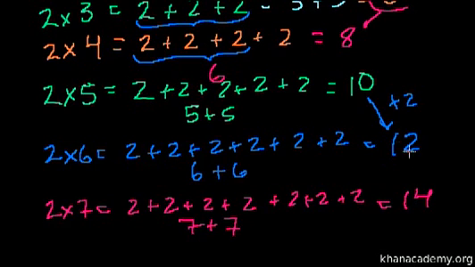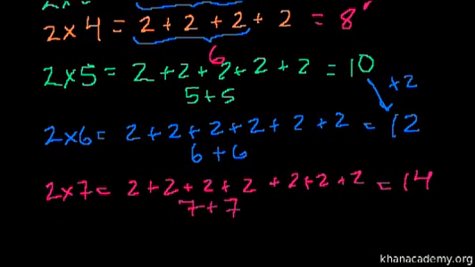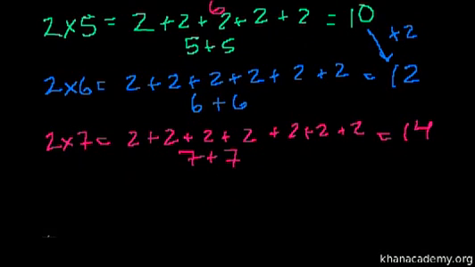But you could just say, hey, that's going to be 2 more than 12. So 12 plus 1 is 13, 12 plus 2 is 14. All right, let's just keep going. 2 times 8. I could do all of this business where I add the 2's, or I could say, look, it's just going to be 2 more than 2 times 7. So it's going to be 14 plus 2.